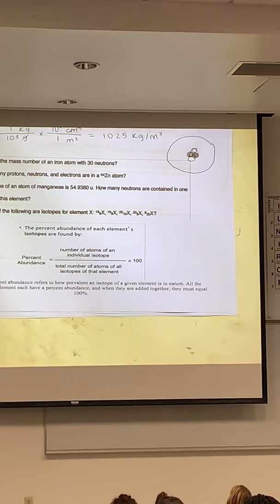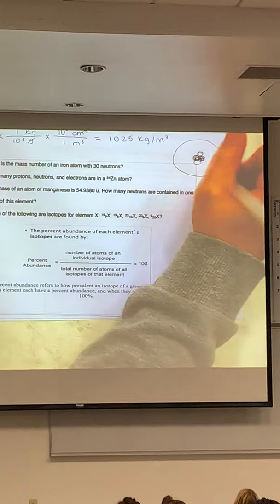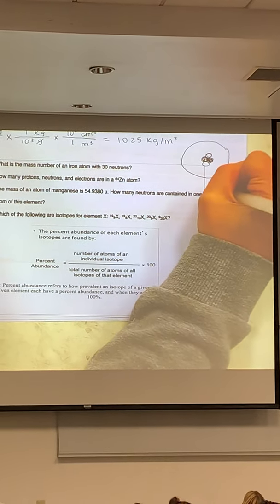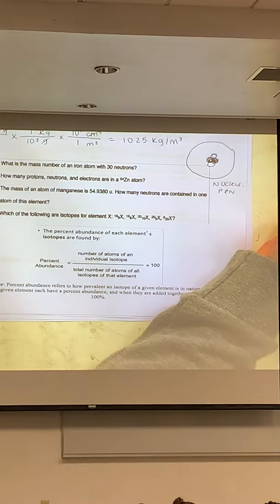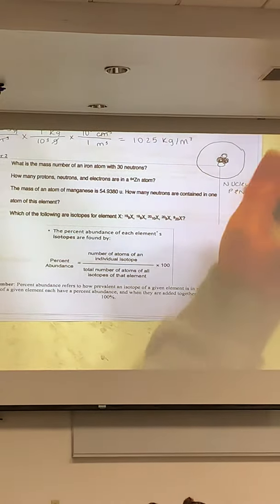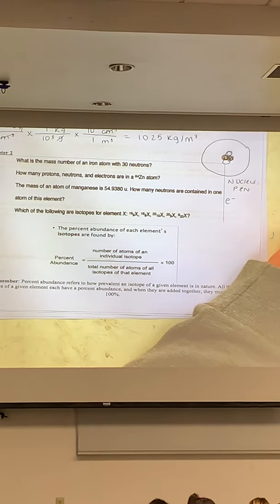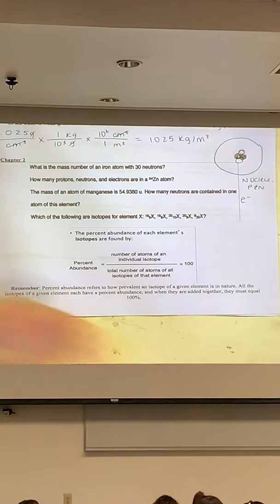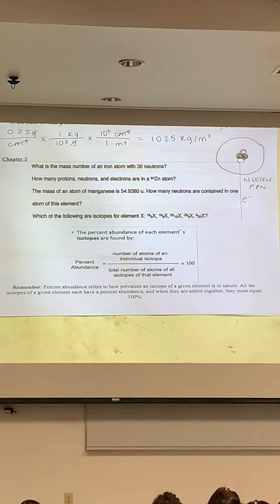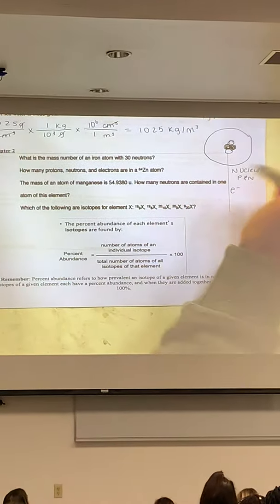What is in the nucleus of an atom? So the nucleus is made up of protons and neutrons. And then whatever is not the nucleus is where you have your electrons. Protons is equal to the atomic number.